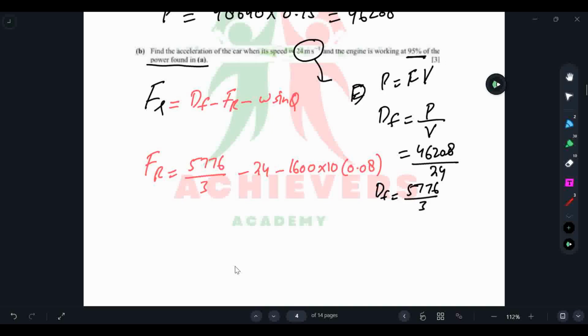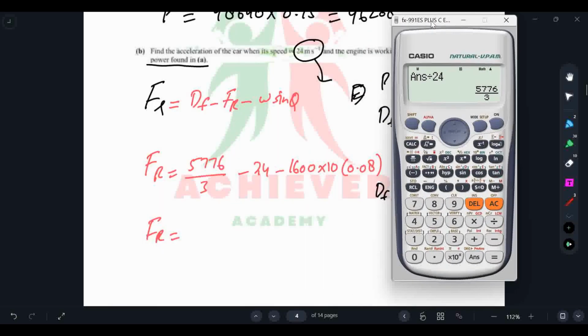If we simplify it, this should be equal to the resultant force on the car.